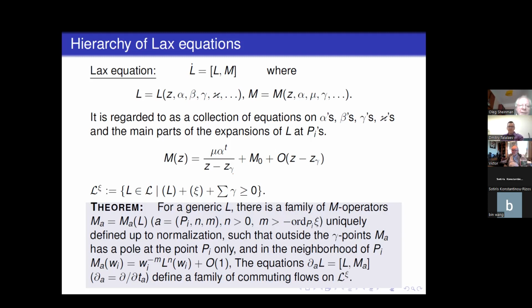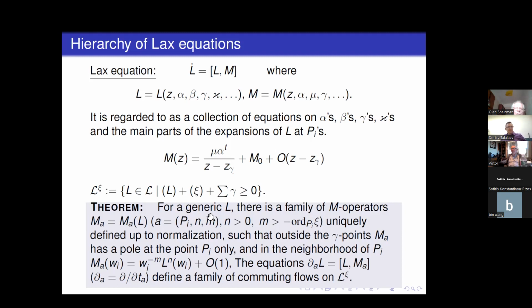This space, again following Krichever's idea, serves as a phase space of our Hitchin system in this presentation.